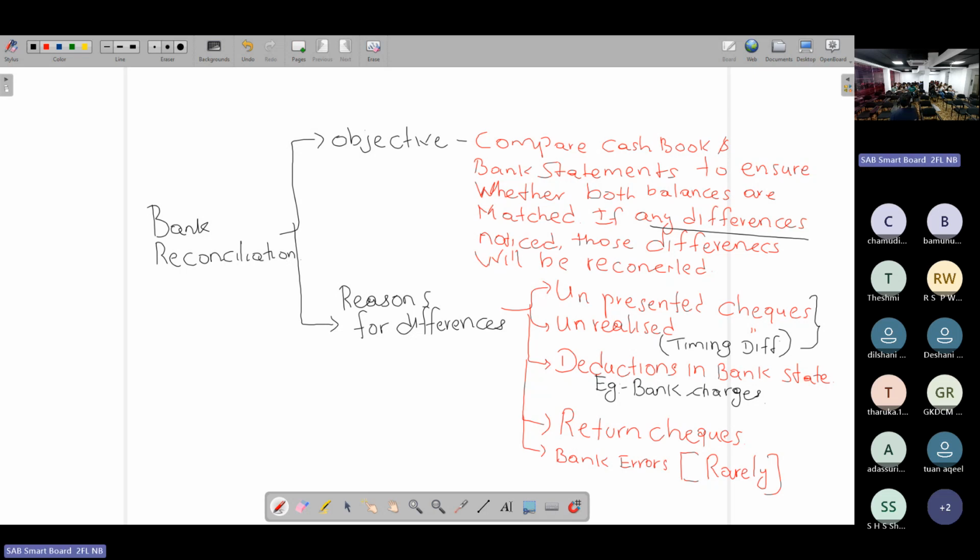Okay, timing differences, these are not errors. Okay, this is the summary of bank reconciliation. So now we will move on to the notes further.